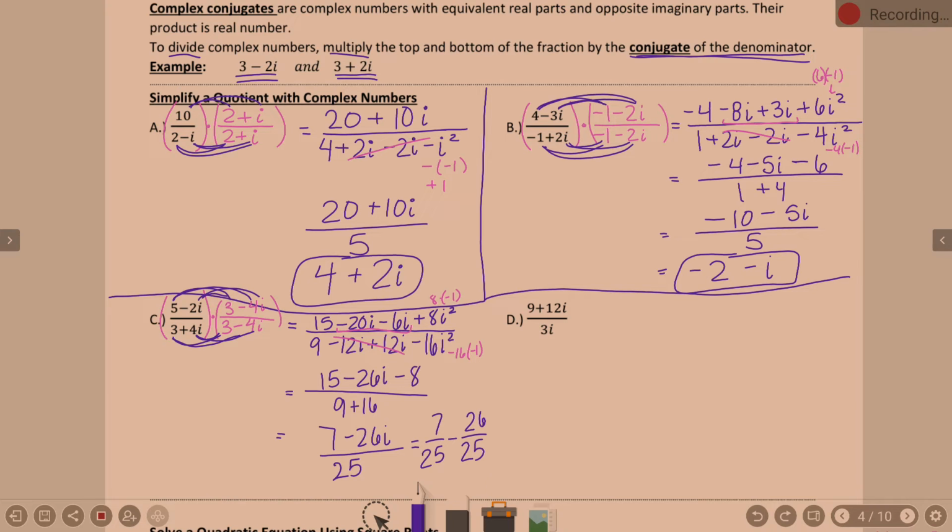The i can either be in the numerator with the 26 or beside the fraction. The i cannot be in the denominator with the 25.